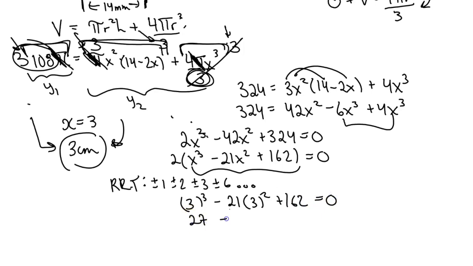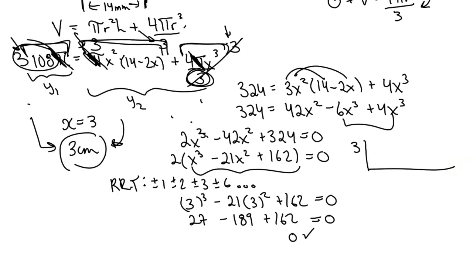If we plugged in 3, we get 27 minus 9 times 21. And sure enough, that does give us 0. So we know we're going to do a good job with that. And let's do our synthetic division and see what happens when we plug in a 3 here.